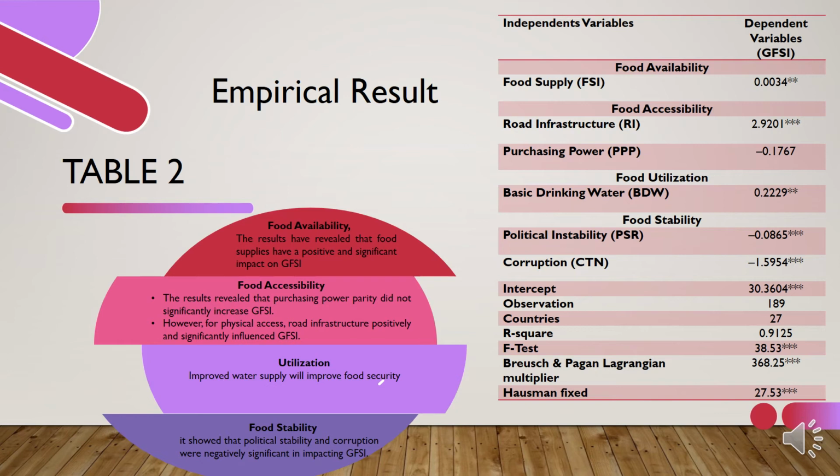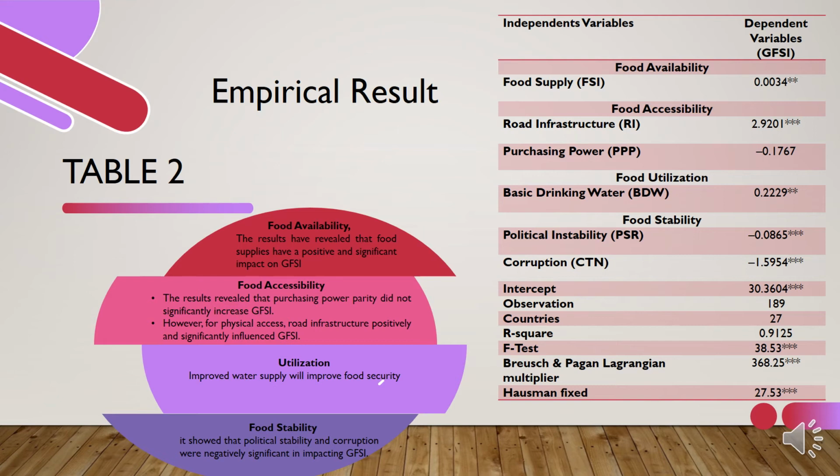For food utilization, basic drinking water gives a positive significant impact on GFSI. Improvement in basic drinking water, clean water, will improve utilization. When food utilization improves, the GFSI will also improve.